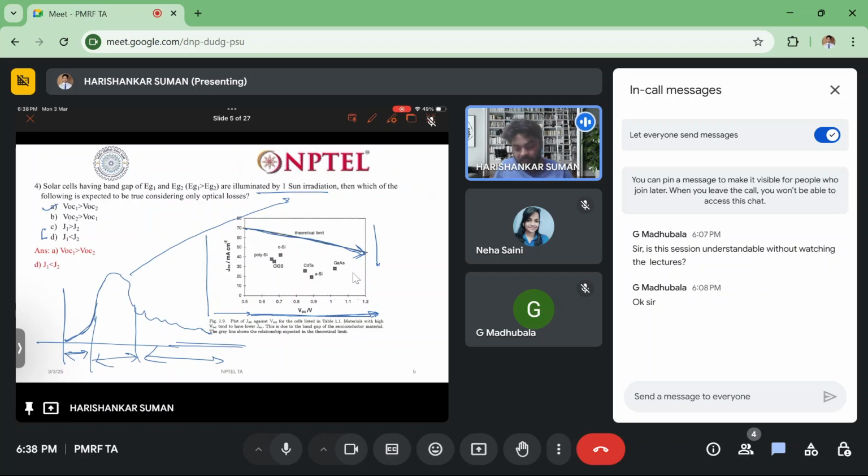So from this one sun radiation, according to the band gap, you know the relation: how can the material absorb light according to the band gap? Maximum wavelength, we have already calculated in the first question. At the maximum wavelength you will get the power; beyond this, you won't.